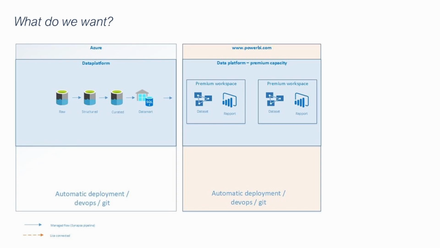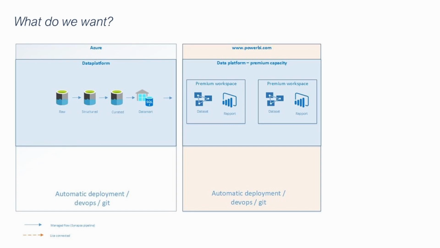So what do we want? We would like a data platform that's not just running in Azure, but also in Power BI. So how can we do this? On the left side, we don't have analysis services anymore. We have Power BI, and we ended the data mart.